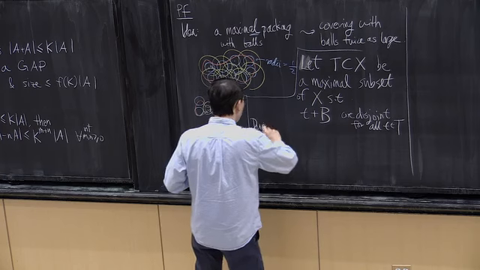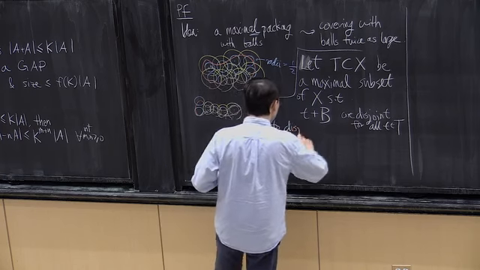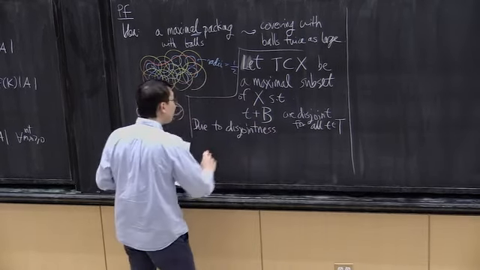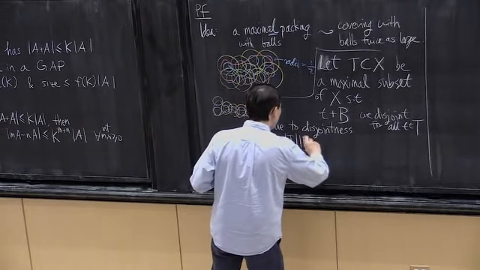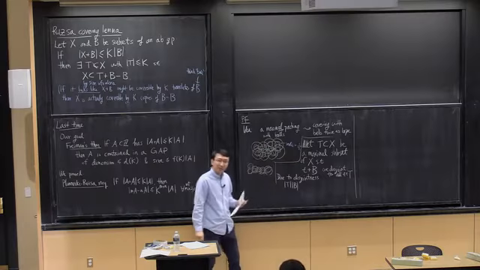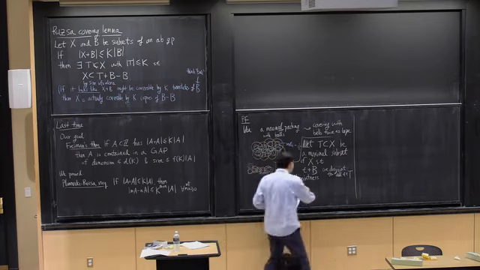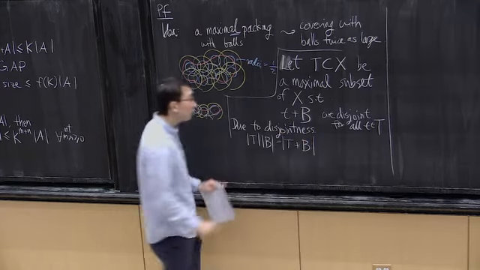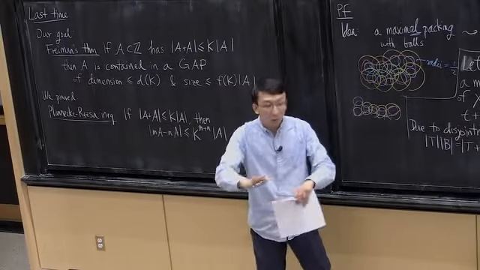Okay, so due to the disjointness, we find that the product of the sizes of T and B equals the size of the sum T plus B, because there's no overlaps.